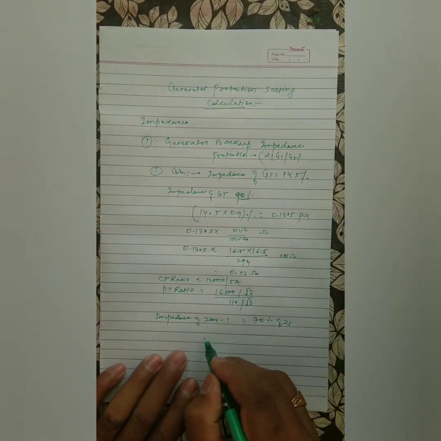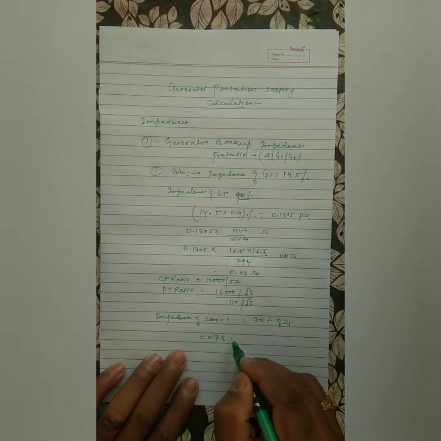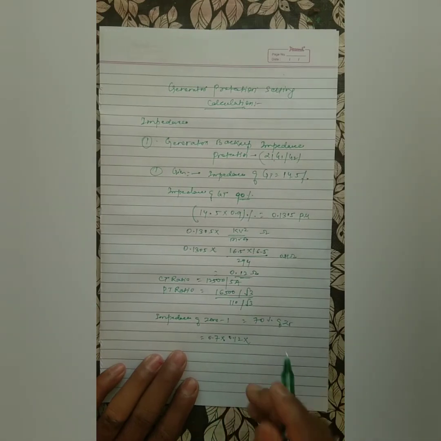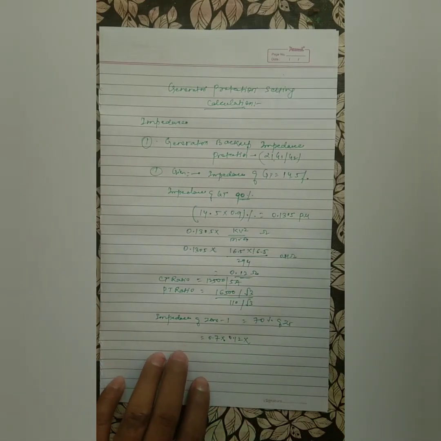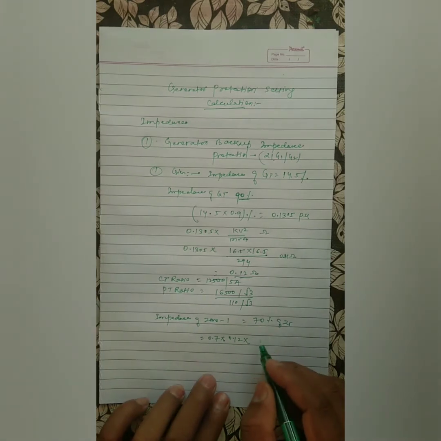So zone 1 value will be 0.7 into the value we have got here, 1.2 ohm, into, since we have to calculate with reference to the secondary value, we have to multiply with the CT ratio by PT ratio.